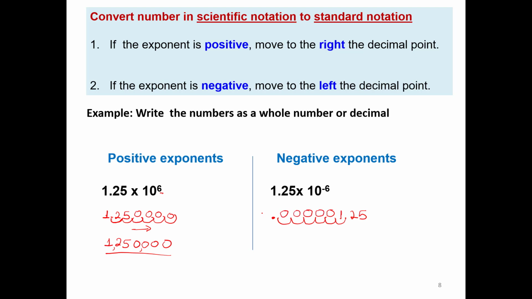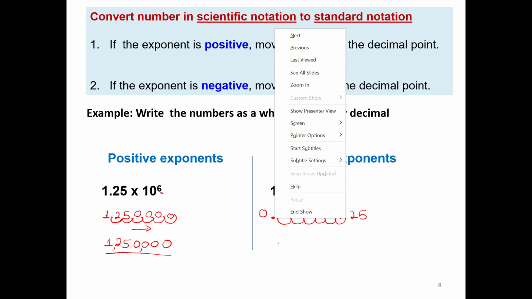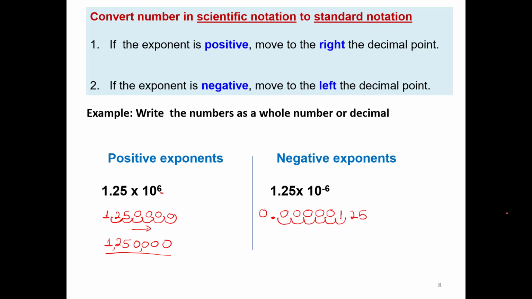In some cases, some people don't like to write the 0 after the decimal point, and we can write this one like 0, 0, 0, 0, 0, 1, 2, 5. In some cases, some students write the answer in this way, and it's also right.